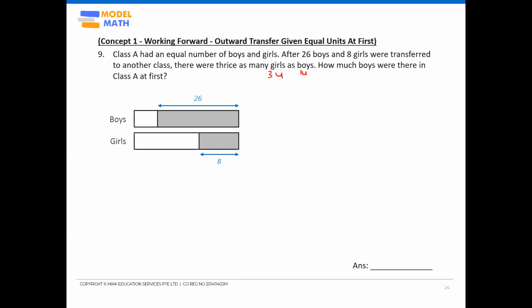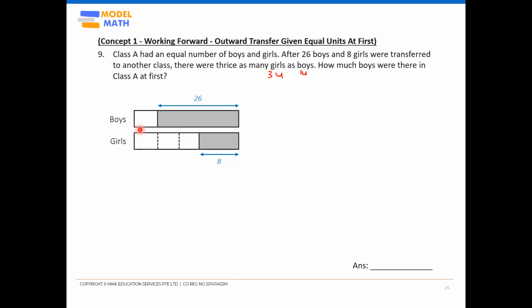Now, if we look at our models, notice that in the end is referring to the unshaded portions, the white color part. So the white color part for the boy will be the new 1 unit now. And for the girls, it should be thrice of this boy's white color portion. So I cut it into 3 parts that should look like thrice of this unit here.